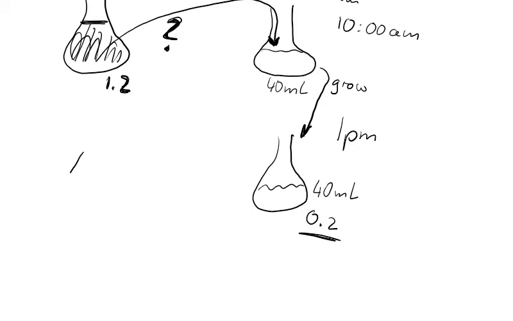Let's write down the equation for a first order reaction. A final equals A initial times e to the power of, do we have a minus or plus? Minus or plus?